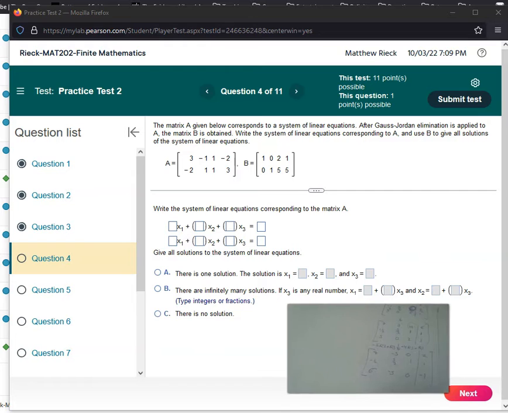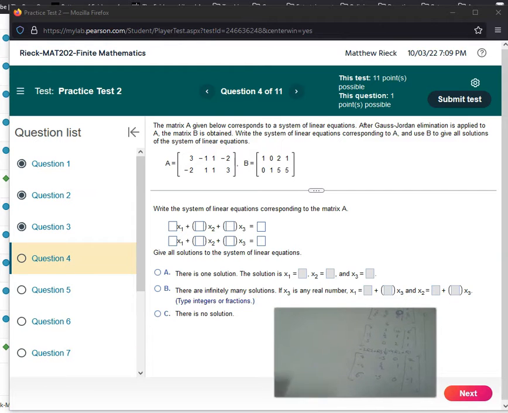All right. So yeah, in some cases, you're not going to be able to get 1s along your diagonal and 0s everywhere else. So in those cases, you either have an infinite number of solutions or you have no solution there. So yeah, in this case, we have an infinite number of solutions.